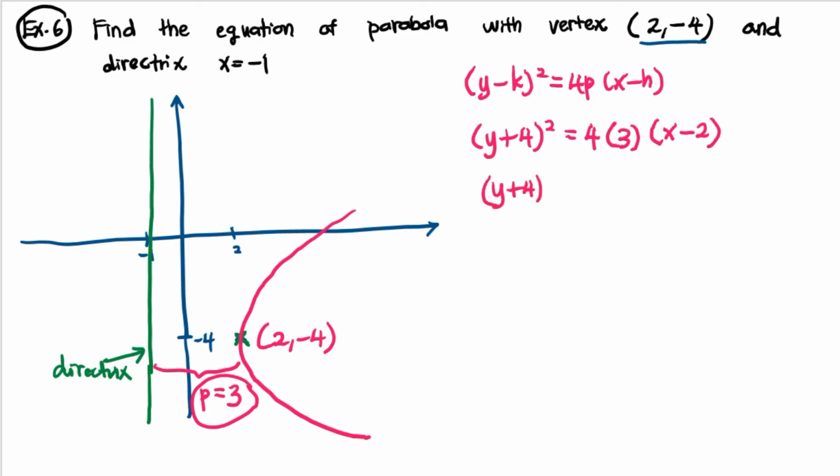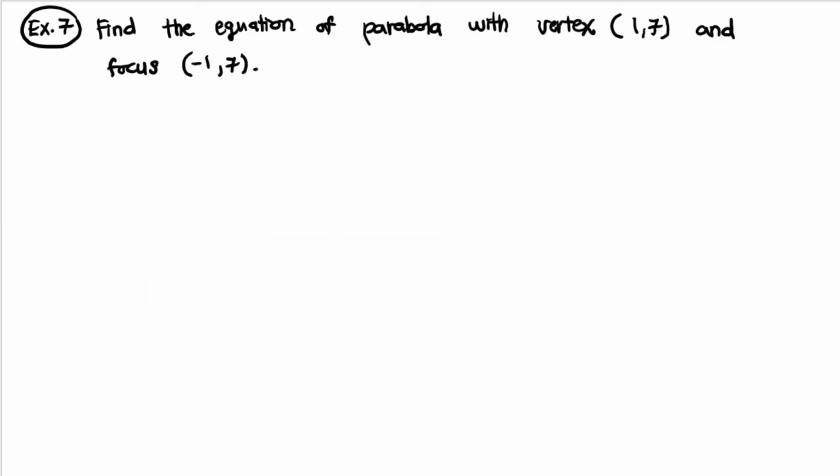Simplifying this, we have (y plus 4) squared equal to 12 (x minus 2), and then we are done. That's the equation of the parabola. You just leave it that way.